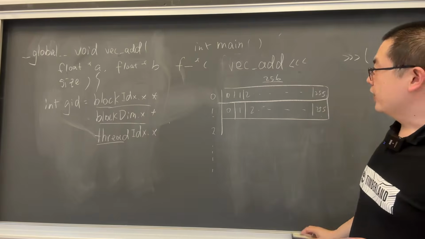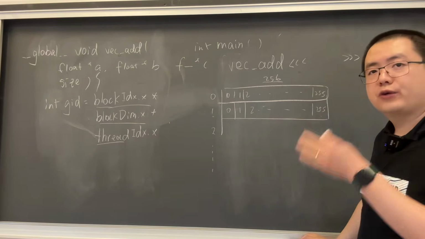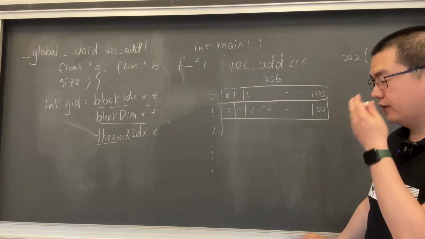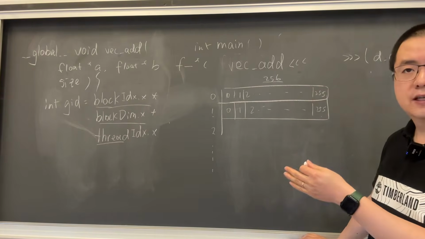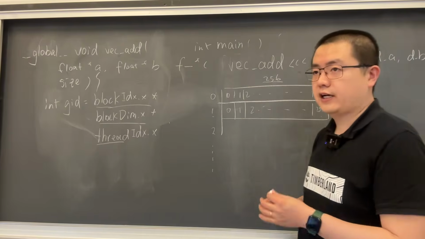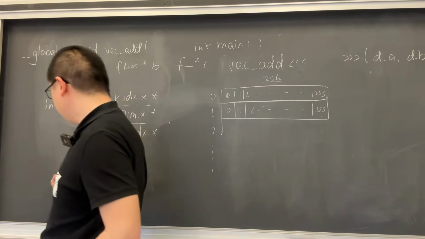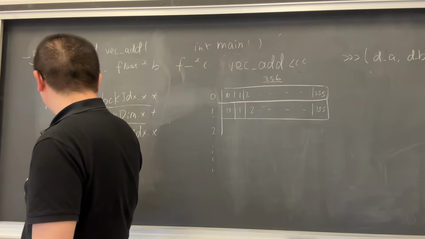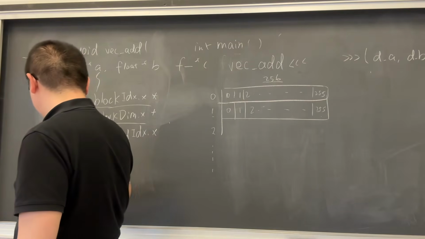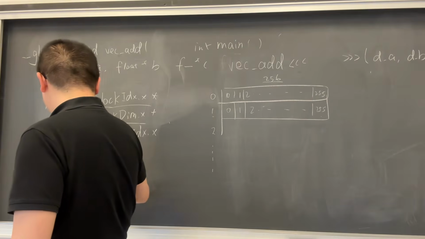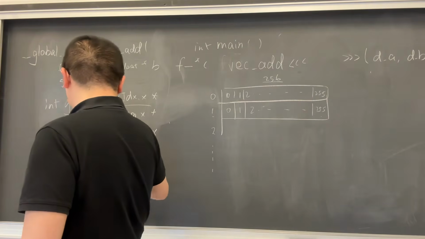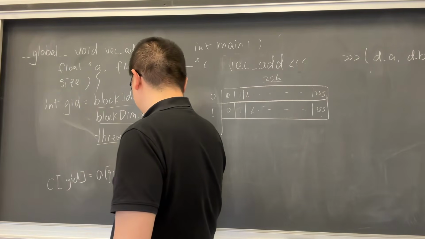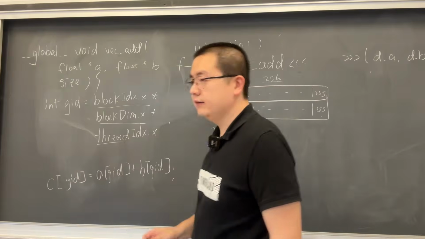Then with this global ID, I know which element we need to process in the vector. Now we need to do the calculation. In this case, we simply do C[GID] equals A[GID] plus B[GID].